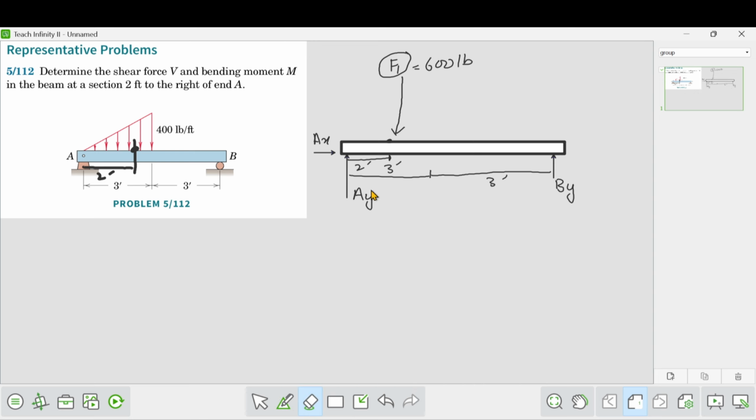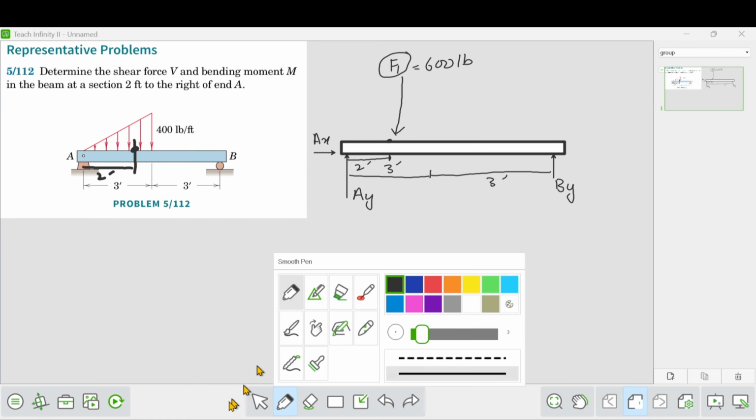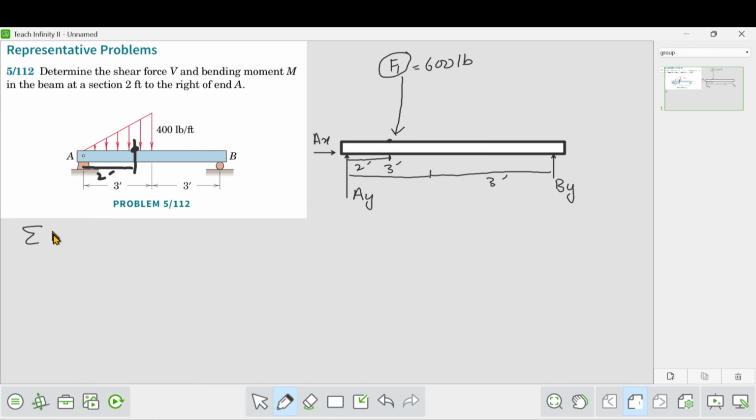Now we can easily find AY, BY and AX. Now summation of moments at point A equals 0. The force which rotates the beam in the anti-clockwise direction will be taken as positive. So BY is anti-clockwise, positive, BY multiplied by its lever arm, 3 feet plus 3 feet, is 6 feet.